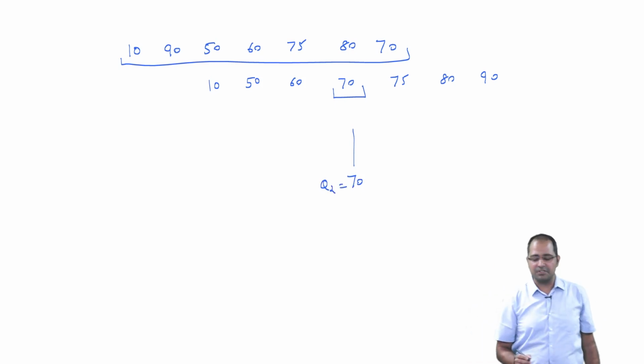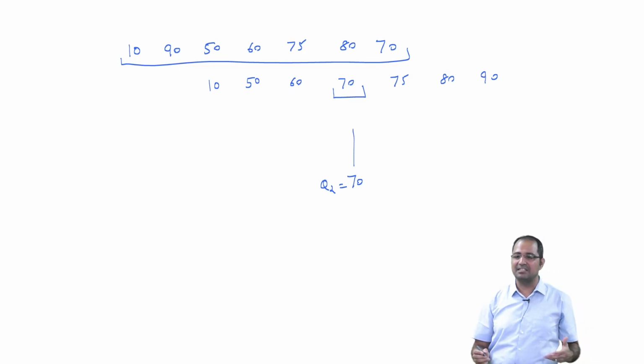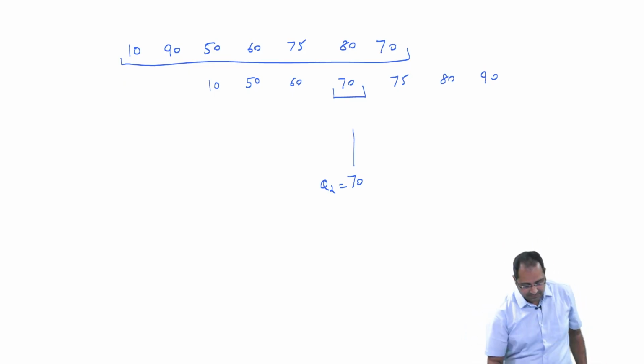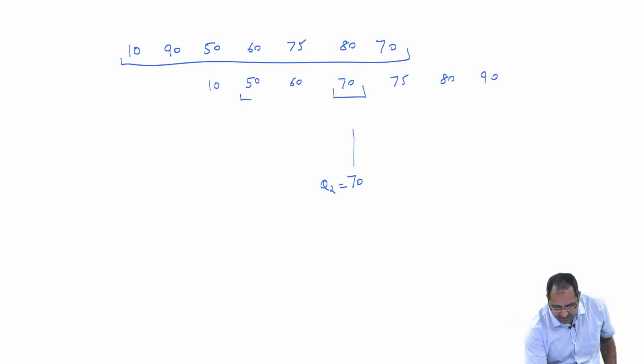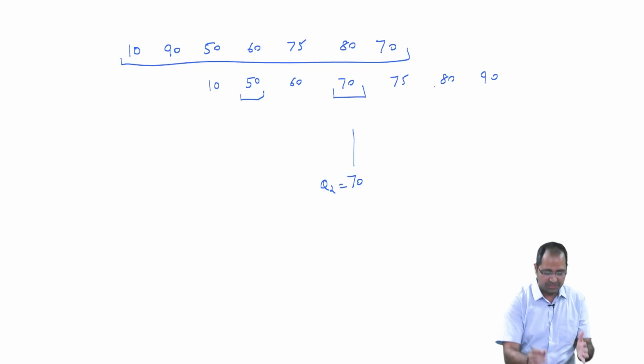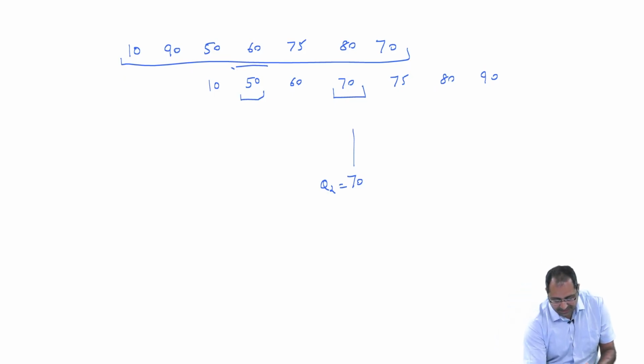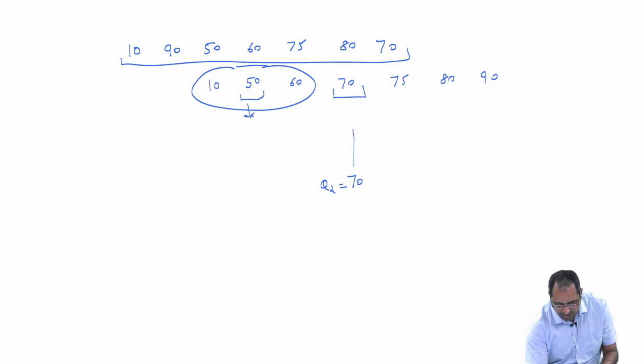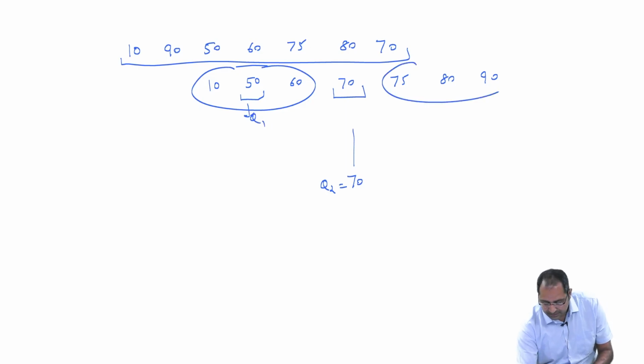Now I will look at the first quartile and the third quartile. First quartile is 50, and the third quartile is the central value of the values on the right. This is quartile 1, this is quartile 3.